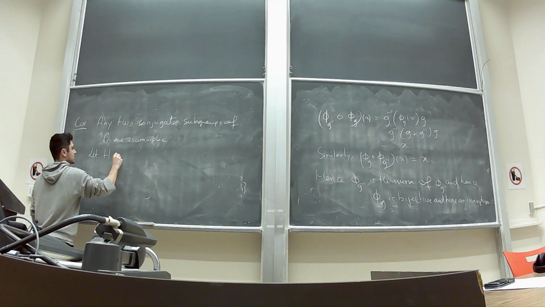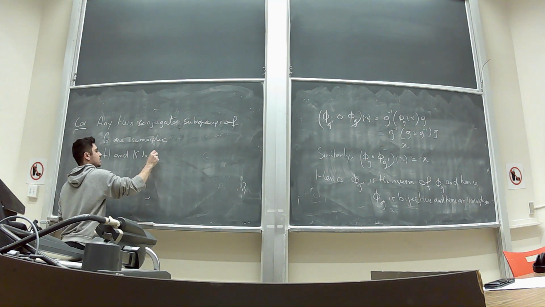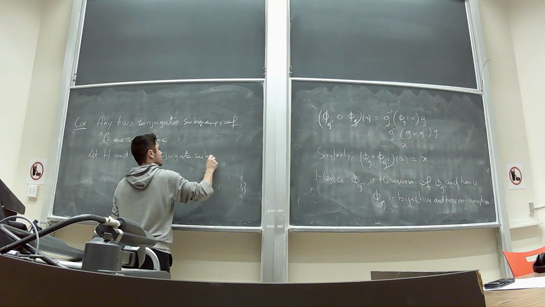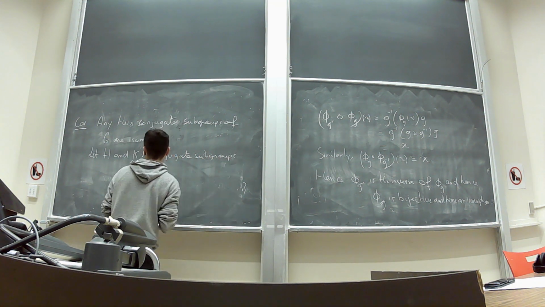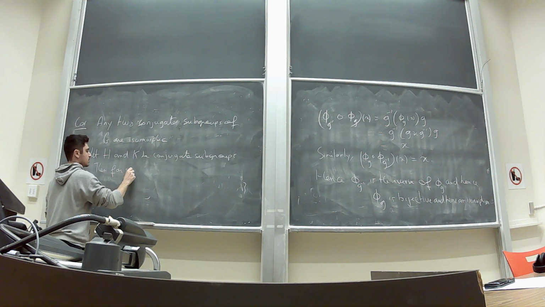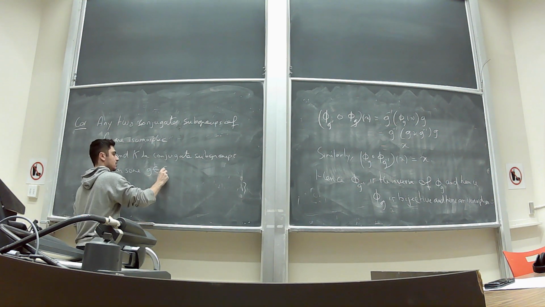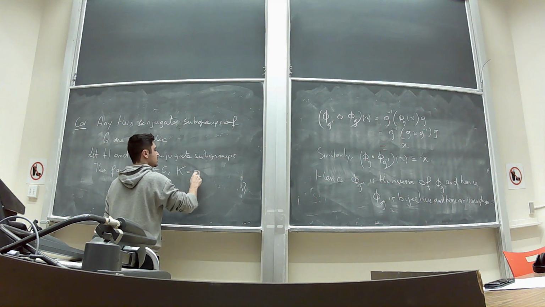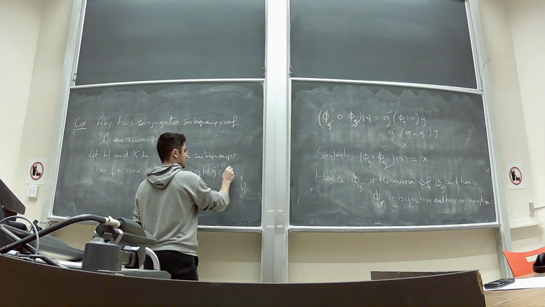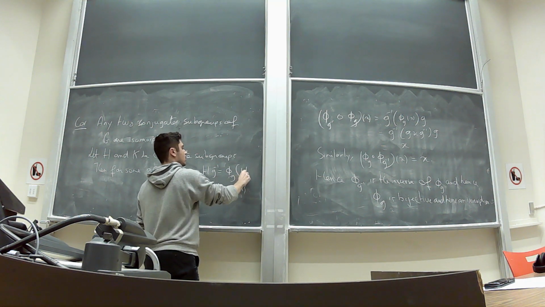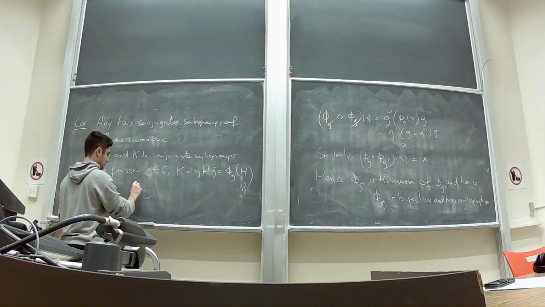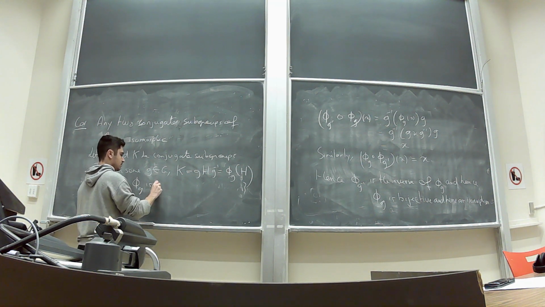Let H and K be conjugate subgroups of G. So what can I say about H and K? How can I write K? Then, for some g in G, K is equal to g H g inverse, which is just phi_g of H. And this phi_g is an isomorphism.